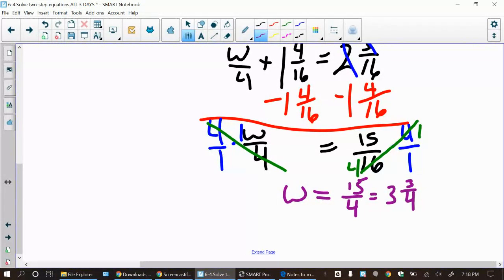Now our next step is actually to solve this. Okay, and that's where it gets a little tricky. Let me extend the page some.